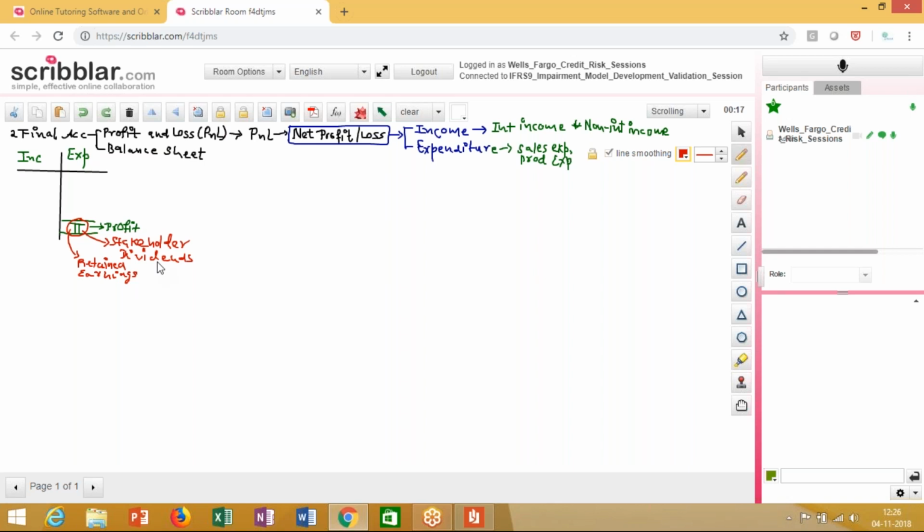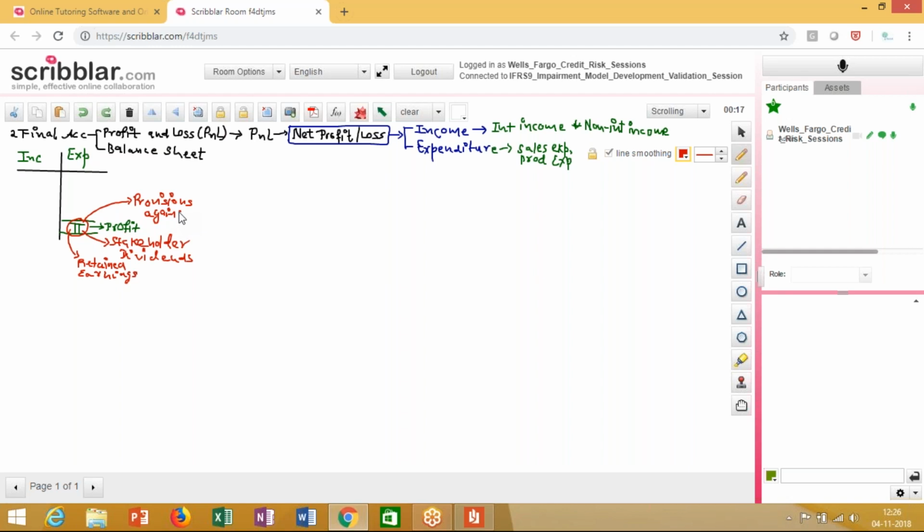Now, the next part that comes in is the most dubious part, and that is something which creates all the problems for the bank. Another component of this profit is kept aside as provisions for bad debts, or provisions against impairments.